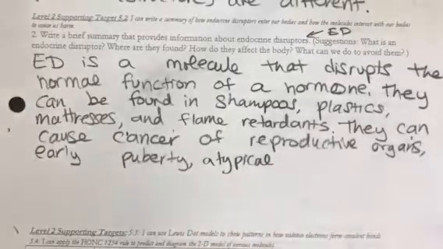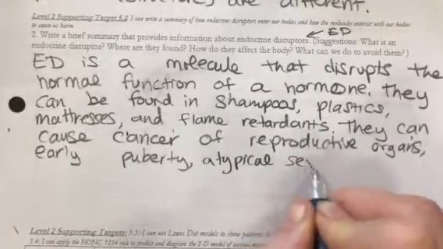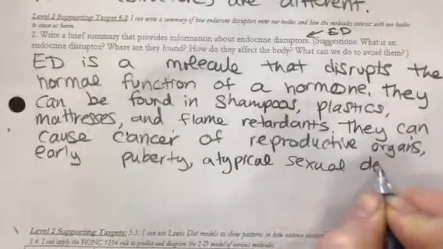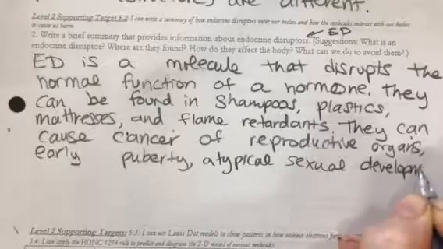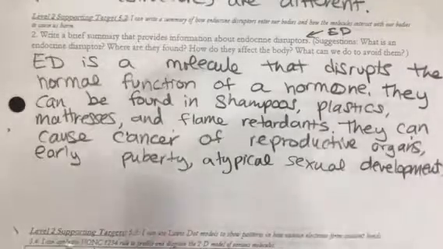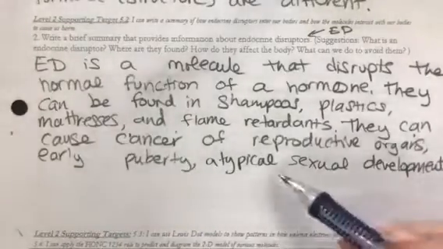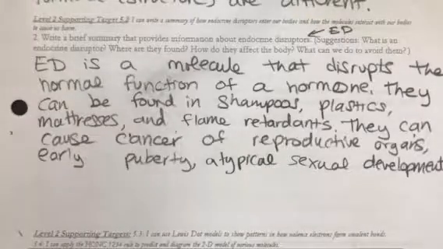In some medical communities atypical is the better thing to say than abnormal. Atypical is more inclusive and more accepting of folks that have a different sexual development.